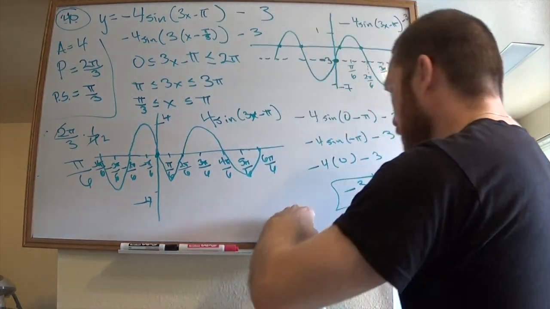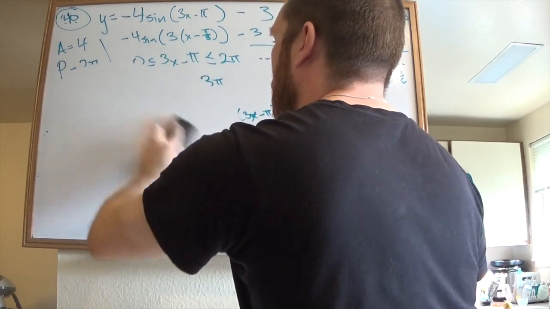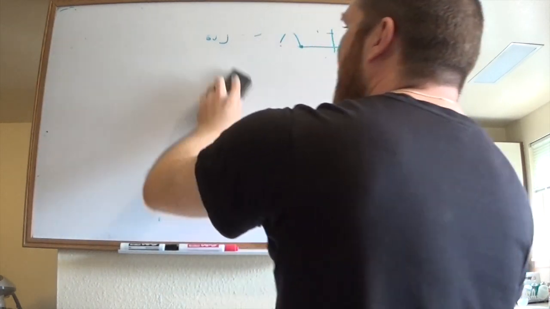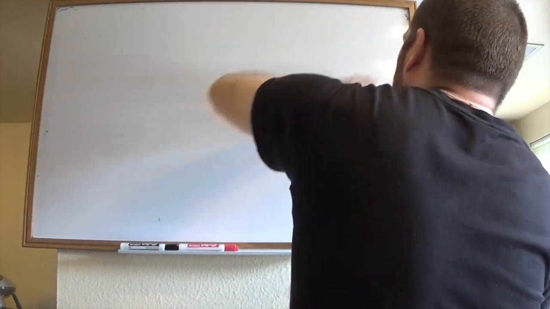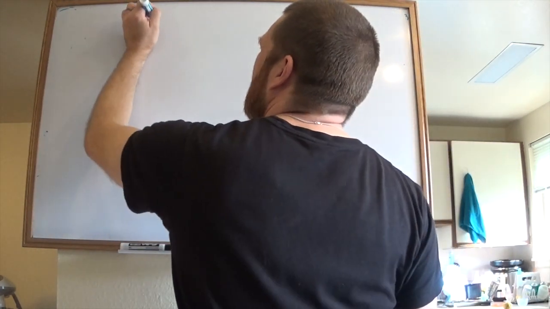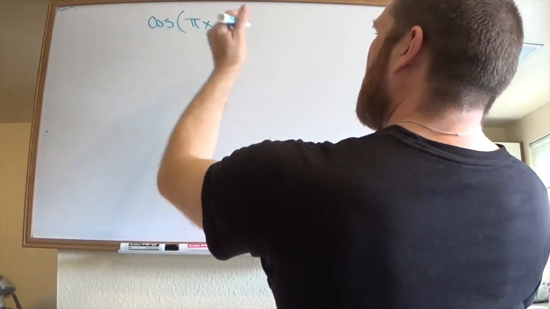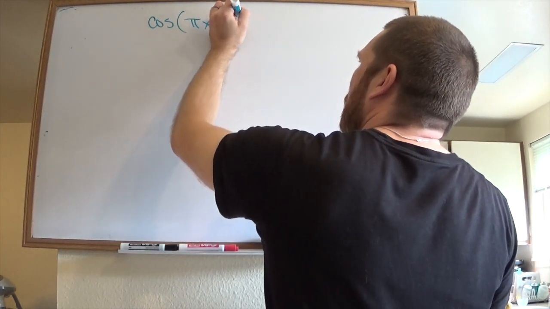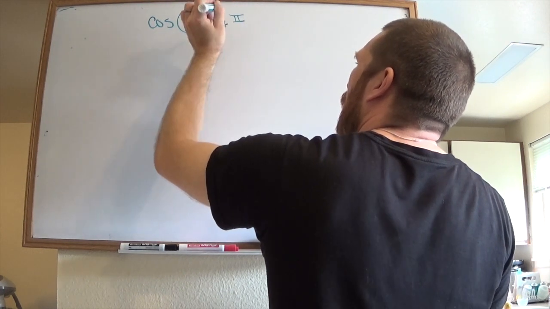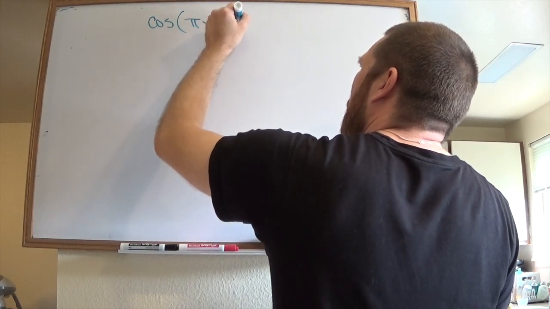Now, I'm not going to do a full-on example with this kind of thing, but watch what happens if we have, and we'll make this easy, let's just go cosine pi x, how about plus 1, how about pi over, I'm sorry buddy, how about 2?